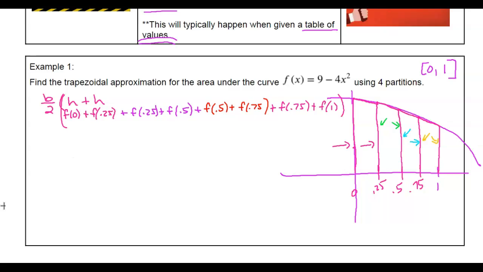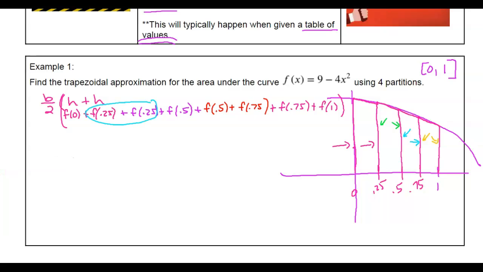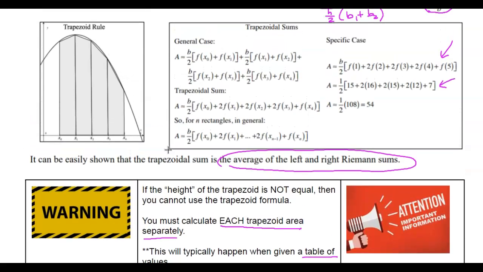So what happens is we actually end up with 2 of those, 2 of those, 2 of those, and then single endpoints, okay? If we look up here at the formula, and I didn't make a big deal of it, I wanted to prove it to you first. Notice it's single on the edge, double, double, double, and then single on the outside, okay?